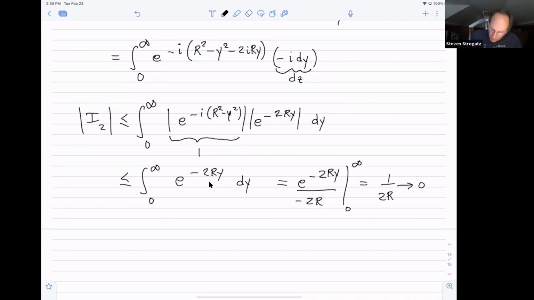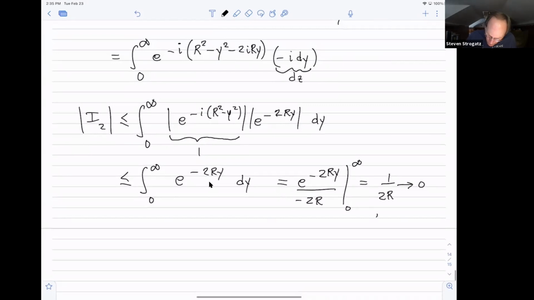And that goes to 0 as r goes to infinity, which is what we're interested in. Right, we make the triangle arbitrarily big. So that's basically the idea. We can show that I2 can be made arbitrarily small.